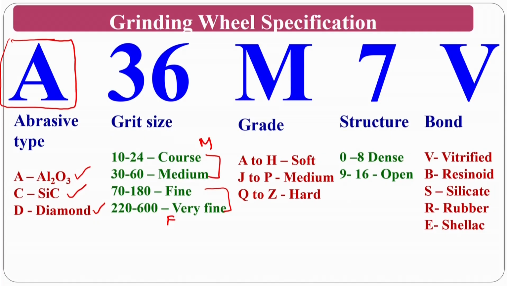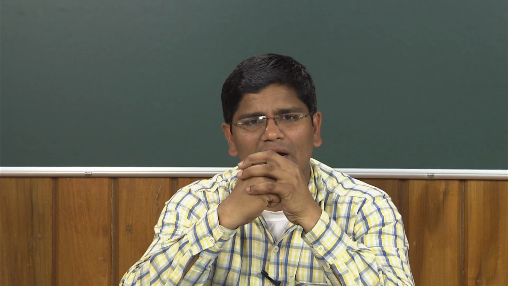M stands for the grade. I will tell what the grade is and all those things in the upcoming slides. The grade specifies the bond strength, how firmly you are holding the abrasive particle.